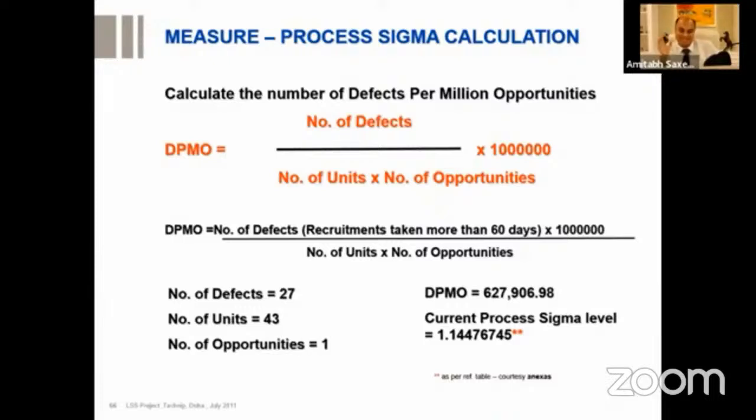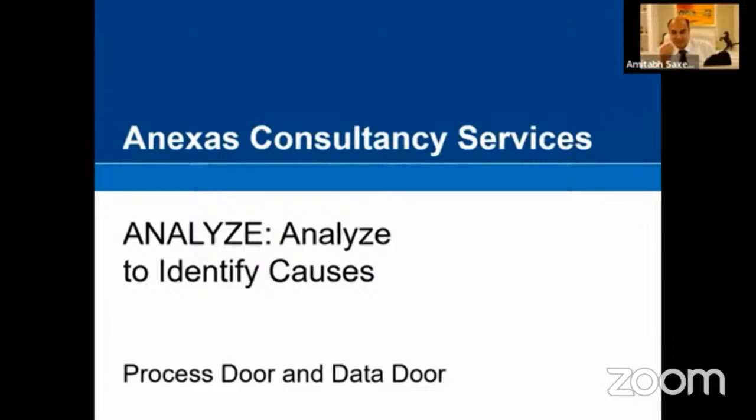The quality is perfect. 0.000003 means 3 in 1 million. It's almost zero defects, right? So that is what a 6 sigma process is. But let us proceed now.